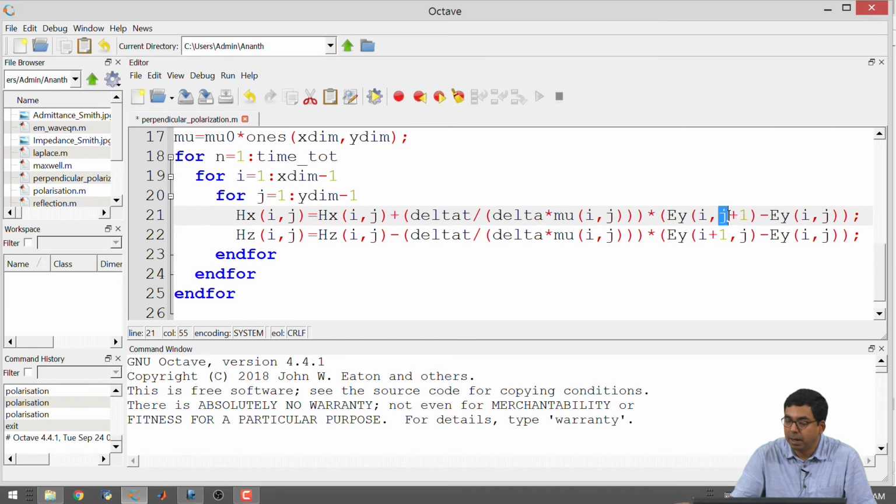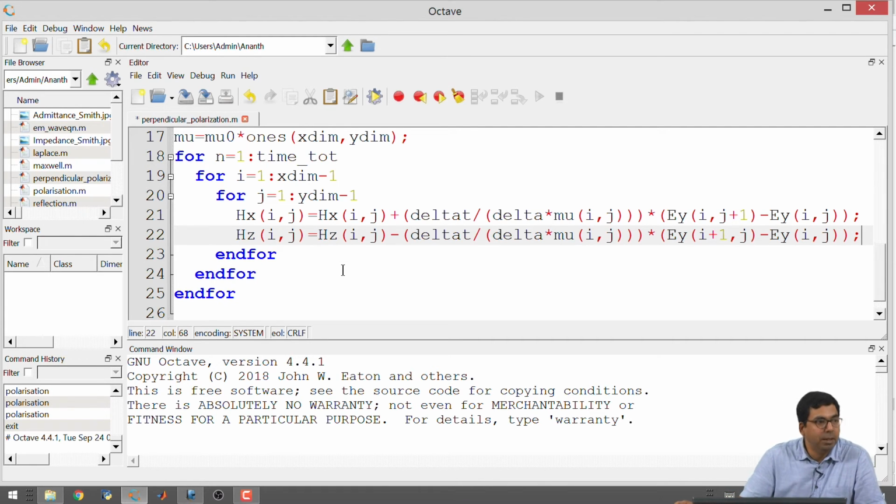So, in the first line I have j plus 1 and j, here I have i plus 1 and i, right, that is the only difference, of course Hx and Hz. Okay. Now, this loop will update the magnetic field, right, at the current instant of time for all points in the space that we are considering.